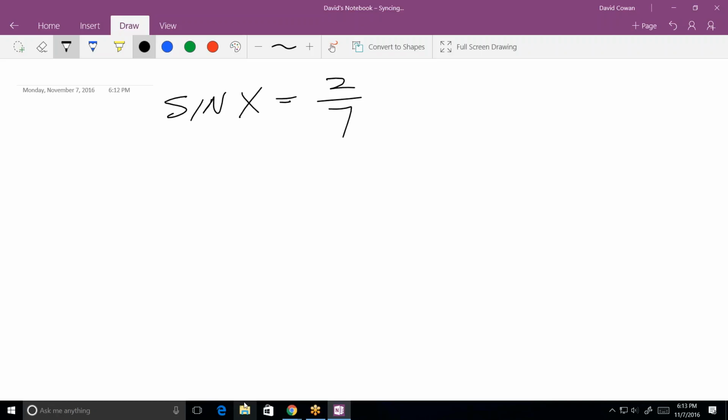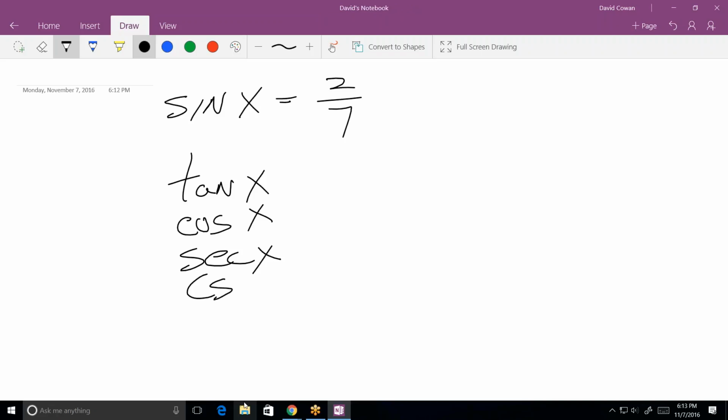But now if I say, what's the tangent of x equal to? Or any of the other 6 trig functions. And you might get a problem like this. This is a very common trig problem where they give you the ratio for one trig function, and then they ask you what are the other 6 trig functions. In other words, what's cosine of x, what's secant of x, what's cosecant of x, and what's cotan of x.